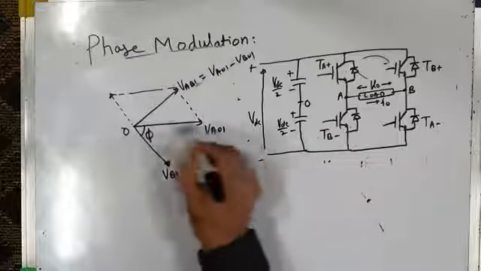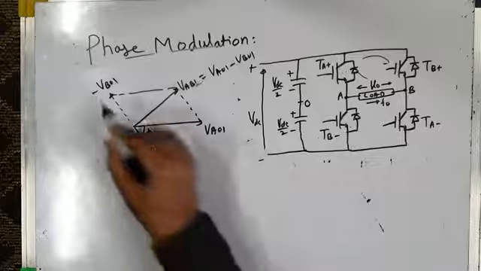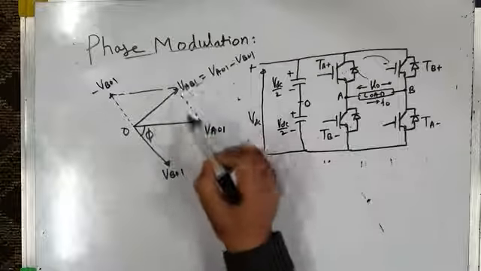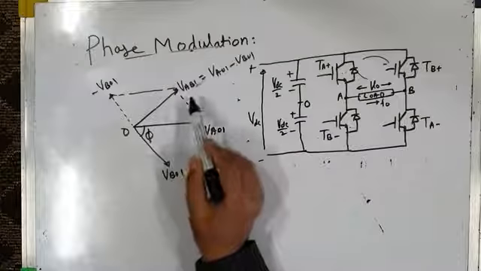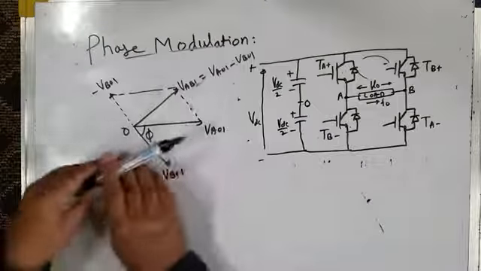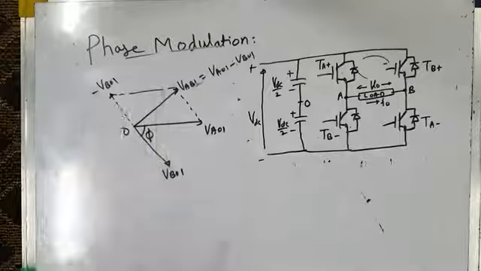I am adding the two phasors. This is minus VBO1, this is plus VAO1. So the total voltage is VAO1 minus VBO1, the fundamental component of load voltage. So it can be made controllable. It can be zero, it can be increased, and it can be made maximum.